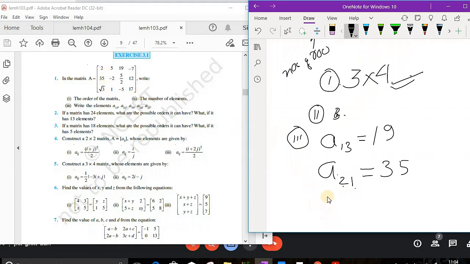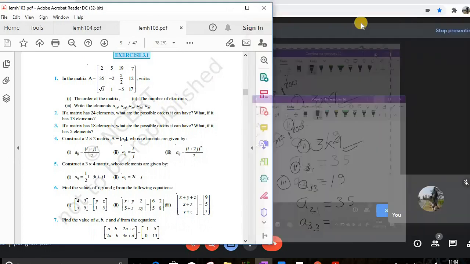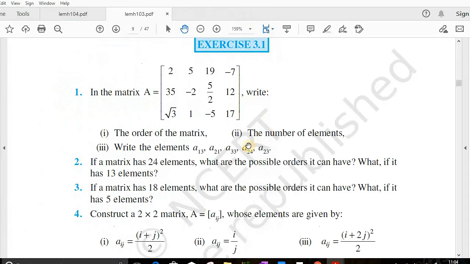So first column is this. That's very nice. And next, A33. Other than you two. Yes. Minus 5. Good. You got it. So the rest you can do. Thank you for listening nicely.